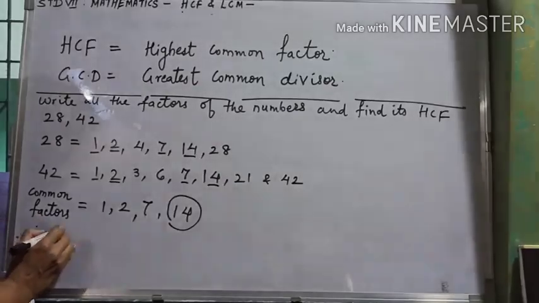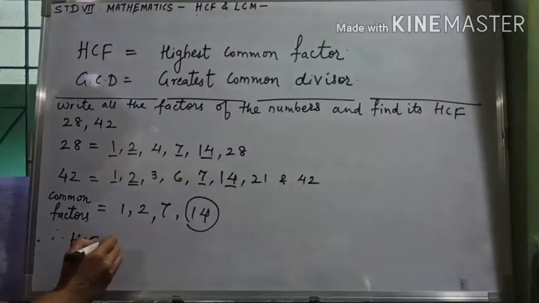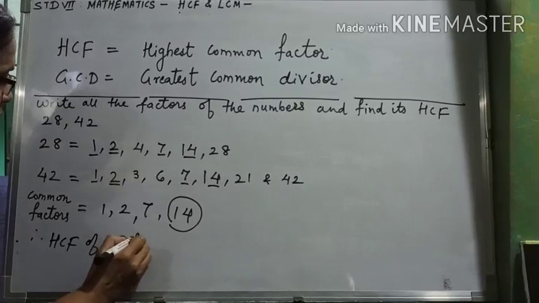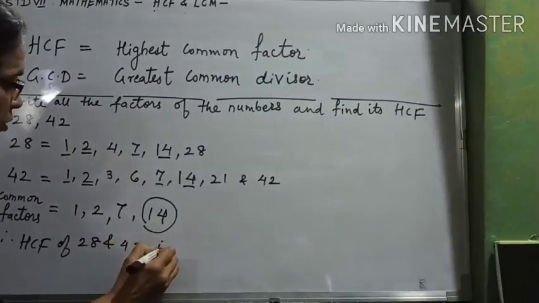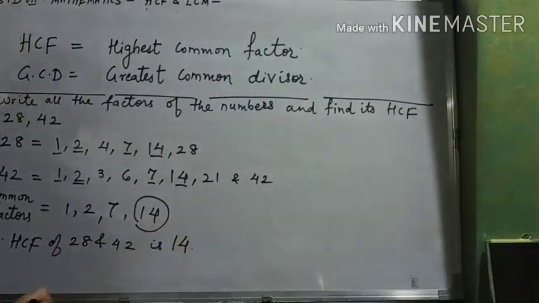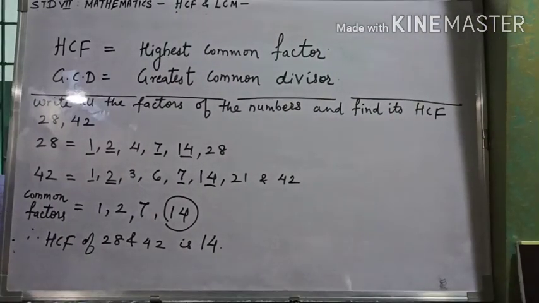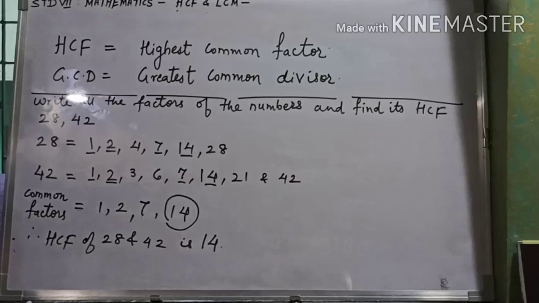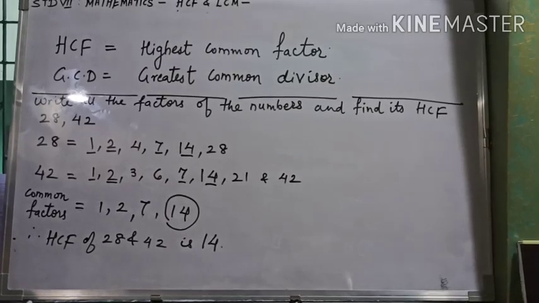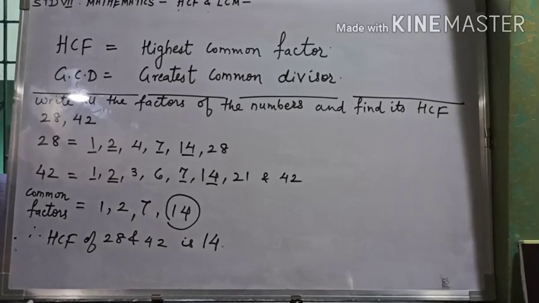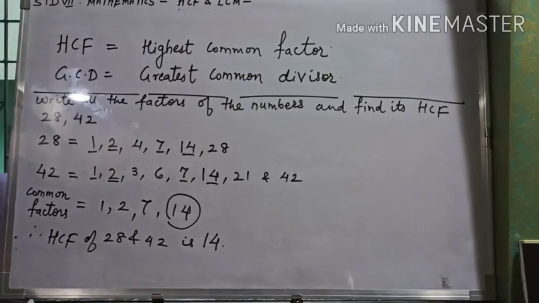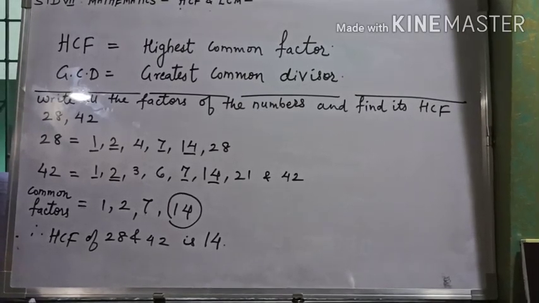Therefore, HCF of 28 and 42 is 14. Usually, we follow the prime factorization method. So let us now solve some examples and find out the HCF by factorizing the numbers into prime factors.